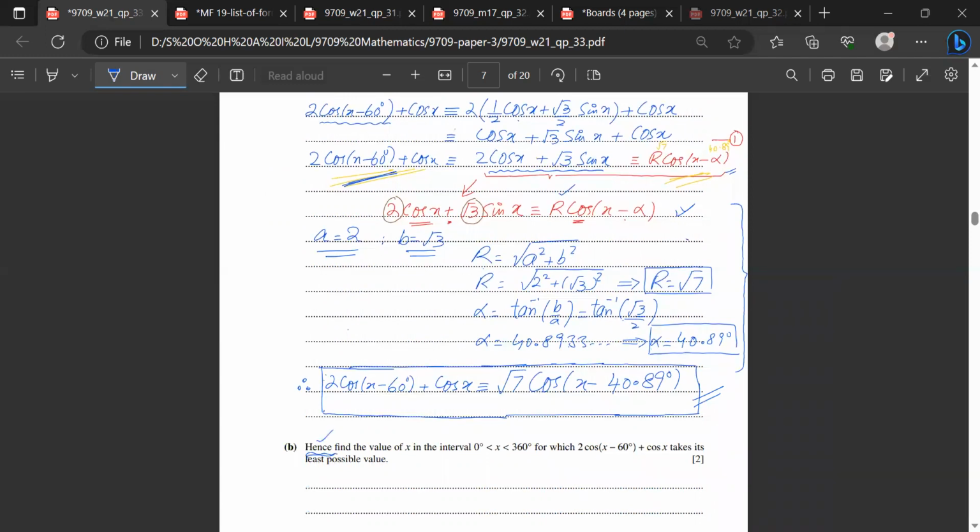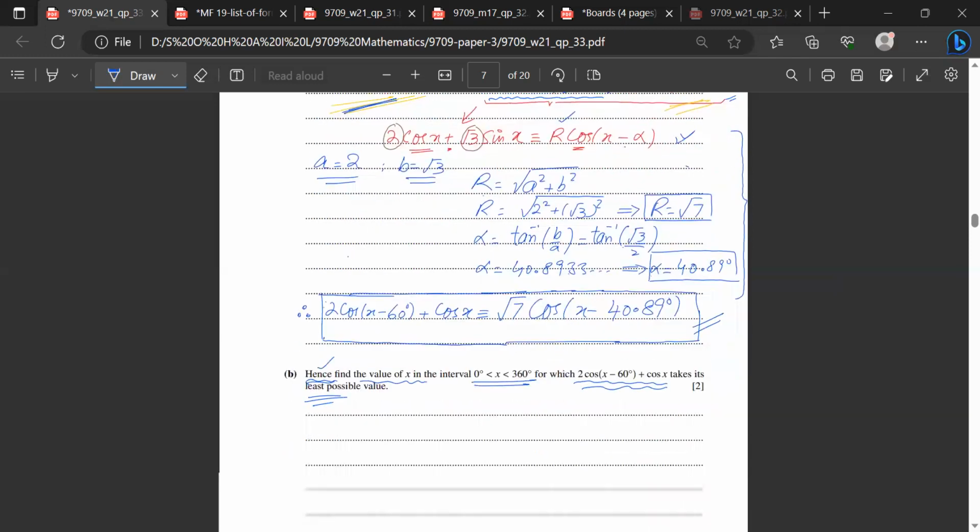Hence means you'll have to get it from the previous part. Hence find the value of x in the interval 0 to 360 for which the same expression 2 cos of x minus 60 plus cos of x takes its least possible value.